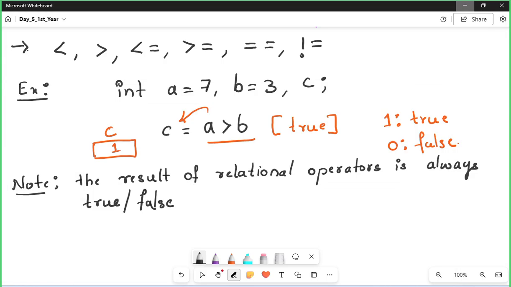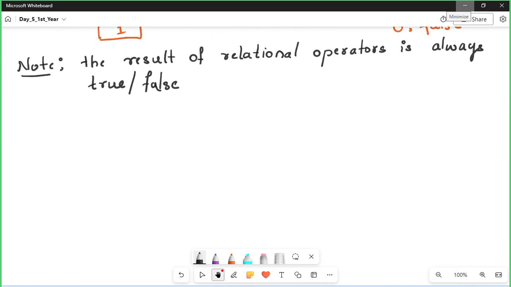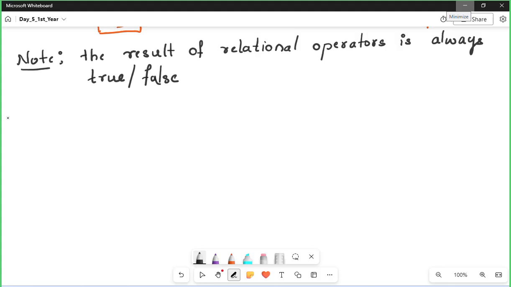Now, let's go with the logical operators. Another type of operator is called the logical operator.